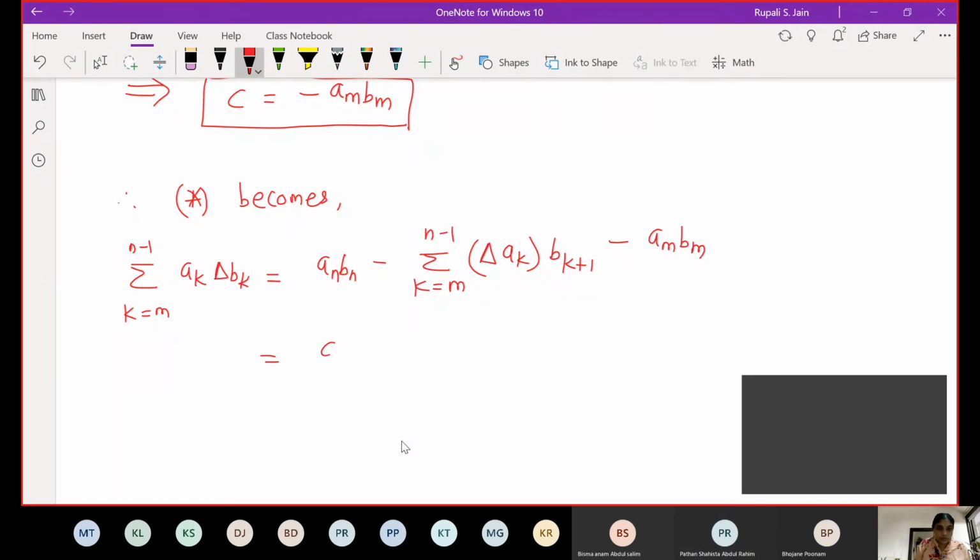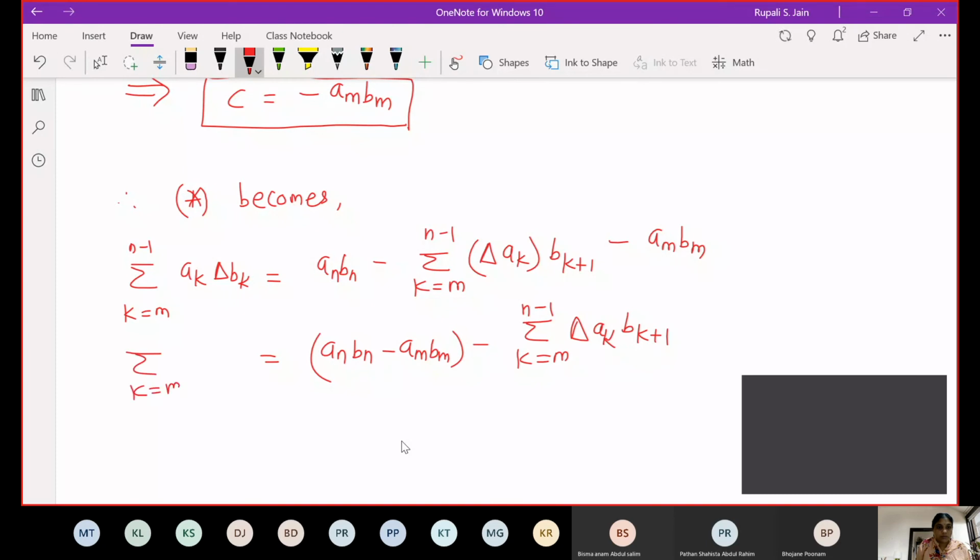So this I can write as an bn minus am bm minus summation k equal to m to n minus 1 of delta ak bk plus 1.